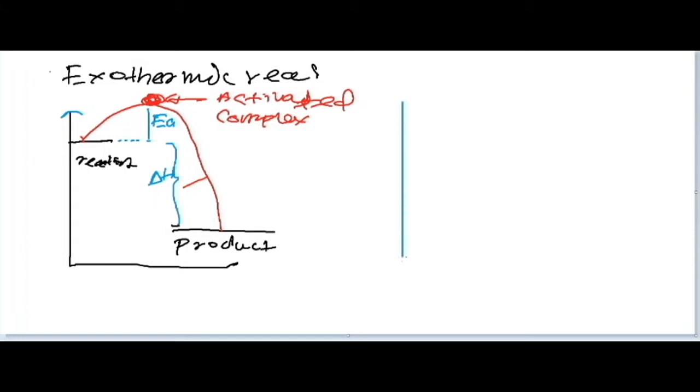When consider about endothermic reaction, the energy in the reactant are less than energy in product. So this is reactant, and this is product.